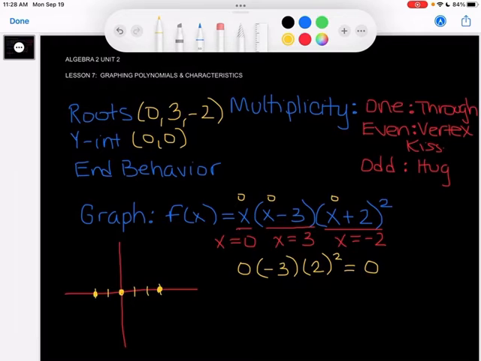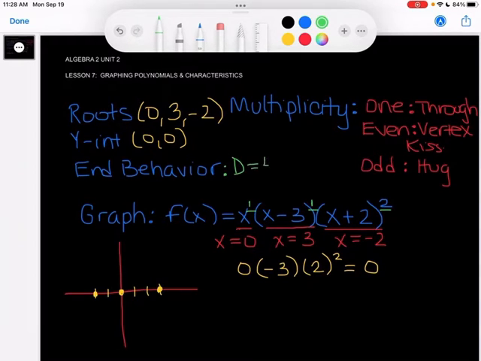For the end behavior, you can figure this out by finding the degree. This is x to the first, this is to the first, and then that's squared. So if you add all this together, my degree is 4.